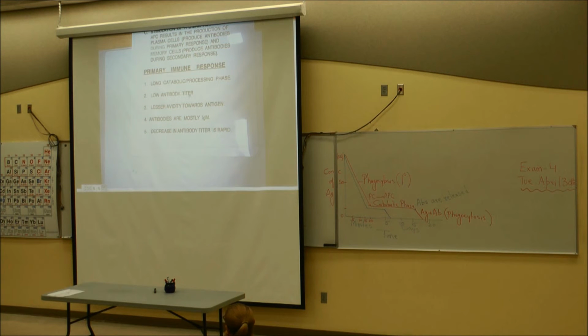Low antibody titer, the concentration of antibodies that are made in primary immune response is low. Lesser avidity, what does that mean? Avidity towards antigen. Bonding between antibody and antigen is not strong.